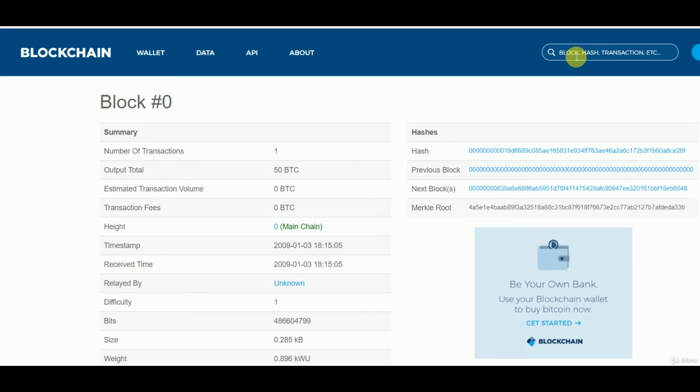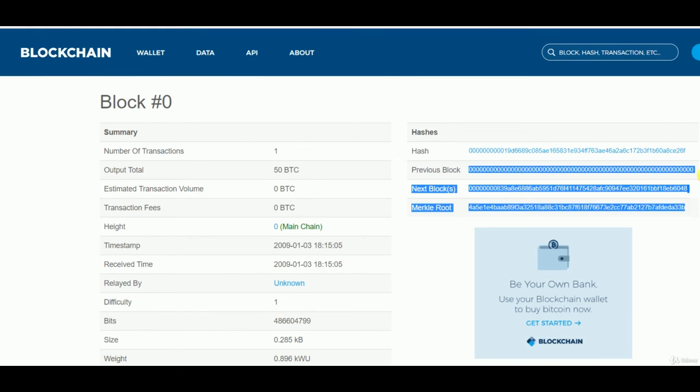Say I'm using block number 0. As I said, block number 0 is your first block, the genesis block. So the previous hash will be all 0s because you don't have any previous block, and this is the newly generated hash for this block.